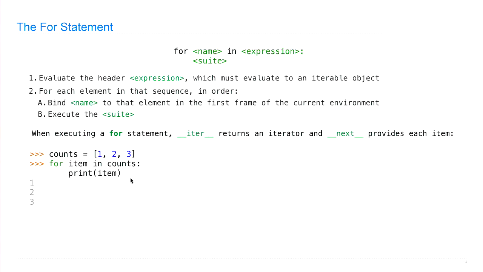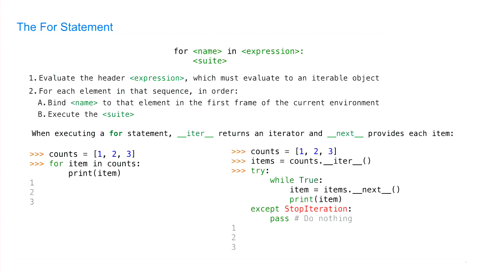So, how do I write equivalent code for counts equals 1, 2, 3, for item in counts, print item? It would look like this. Counts equals 1, 2, 3, items. So this is a little bit different. We have to give a name here to write it explicitly for the iterator. The iterator is the thing that remembers where we are in counts.